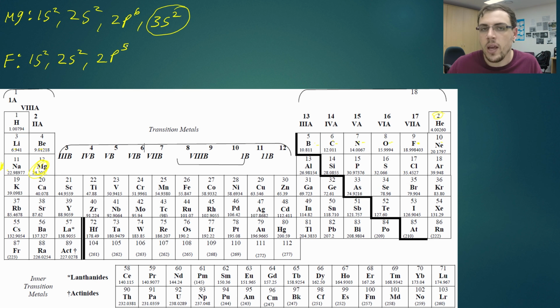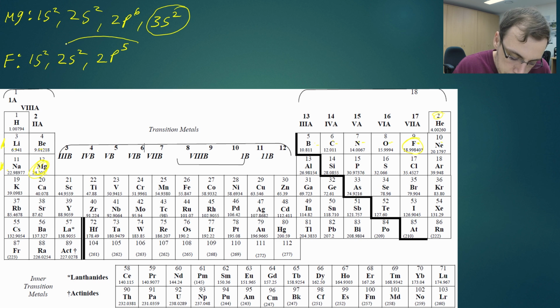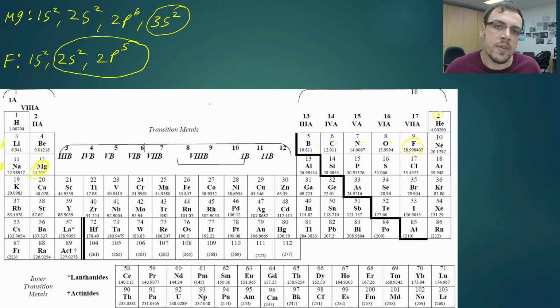Valence electrons are s and p only, the outermost layer of electrons. Let us have a look. We see fluorine here. Now, how many valence electrons does it have? Well, its outermost layer is the second level. Therefore, fluorine has 7 valence electrons.